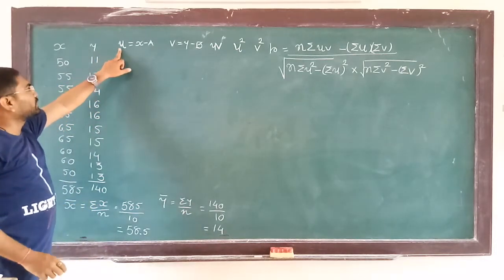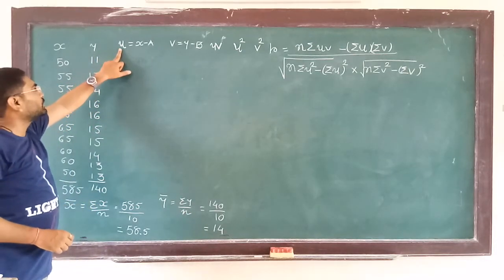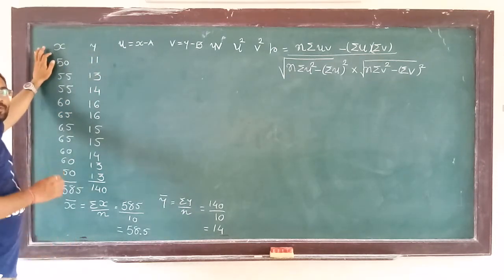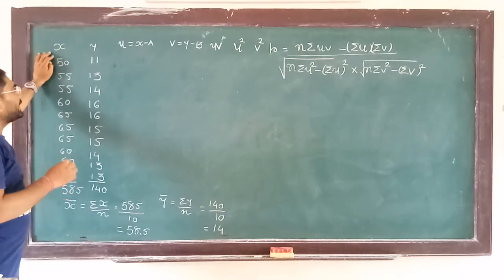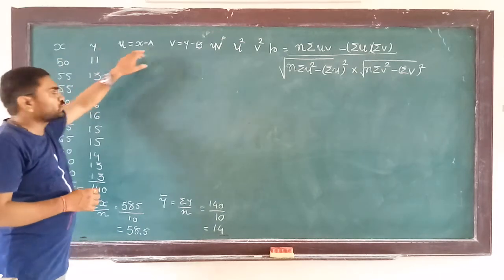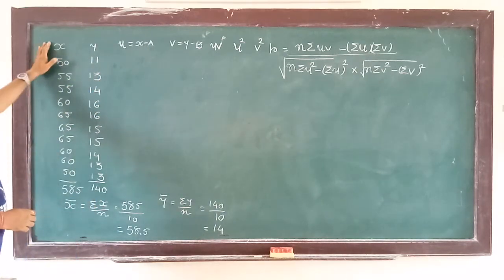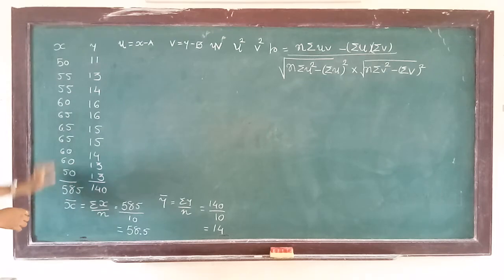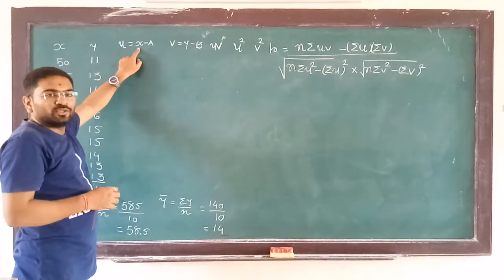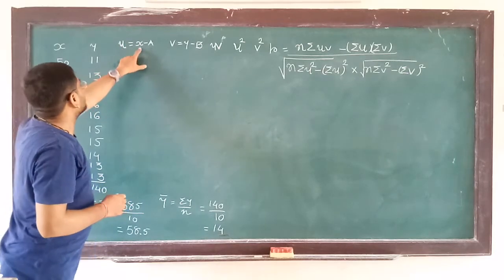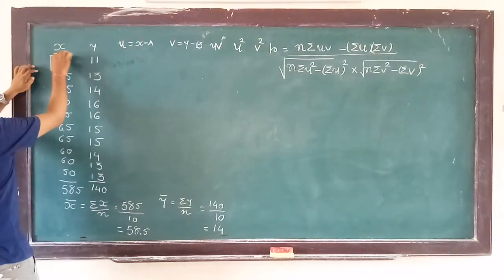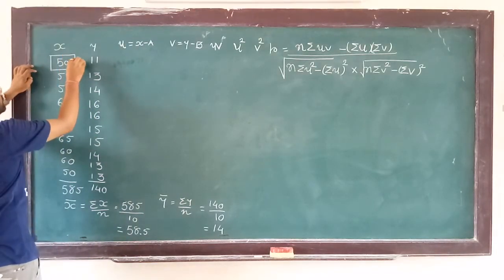Now continue with U. Here we calculate U from the x column. In a simple way, choose the lowest number in the x column as the assumed mean. Here the lowest number in the x column is 50, so A is 50.